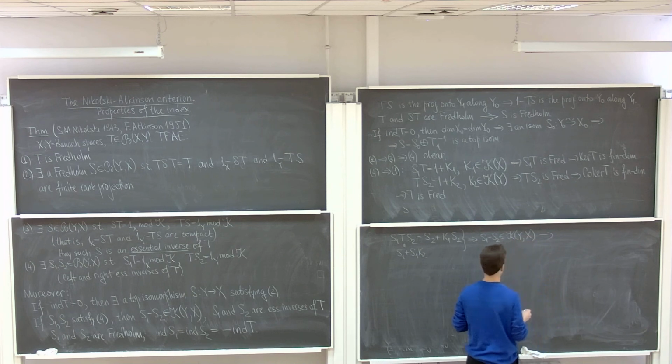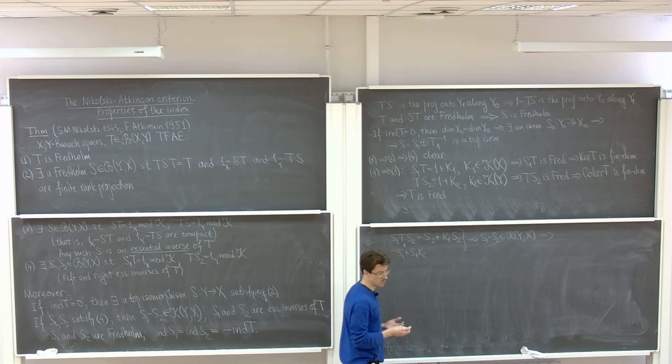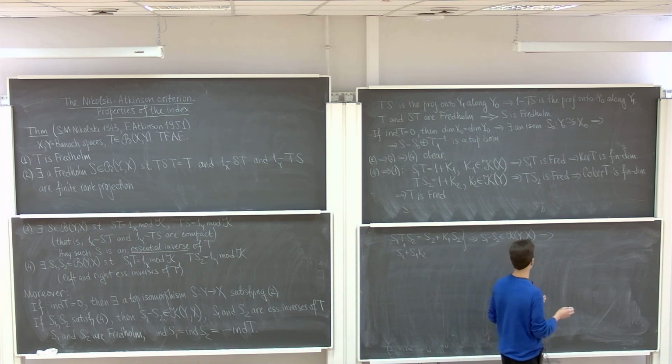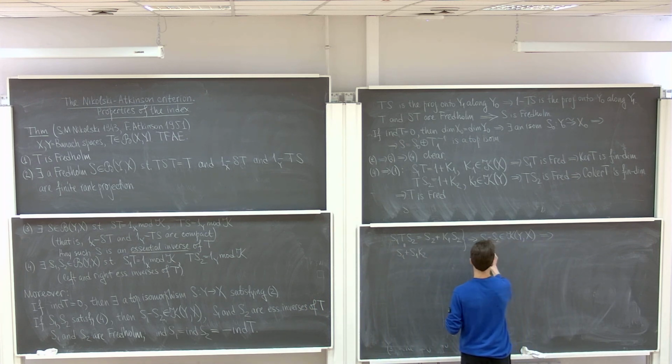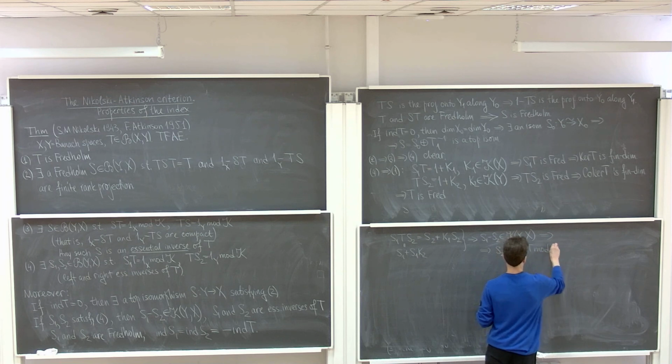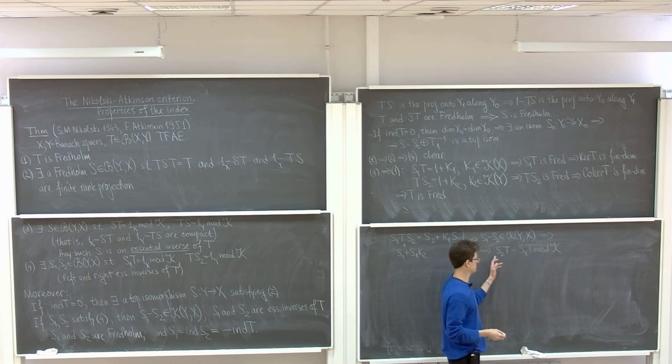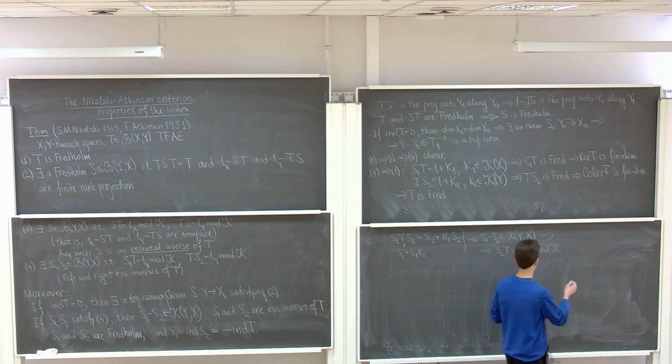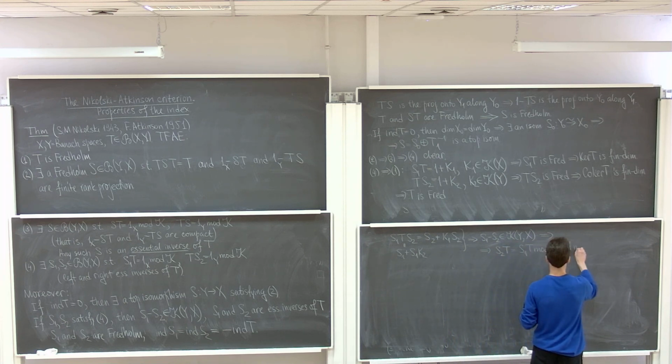Okay, but this statement easily implies that both S1 and S2 are two-sided essential inverses. Because, for example, S2T equals S1T modulo the compact operators. So S2 minus S1 is compact, so S2T minus S1T is also compact. But S1T is equal to the identity map modulo the compact operators.